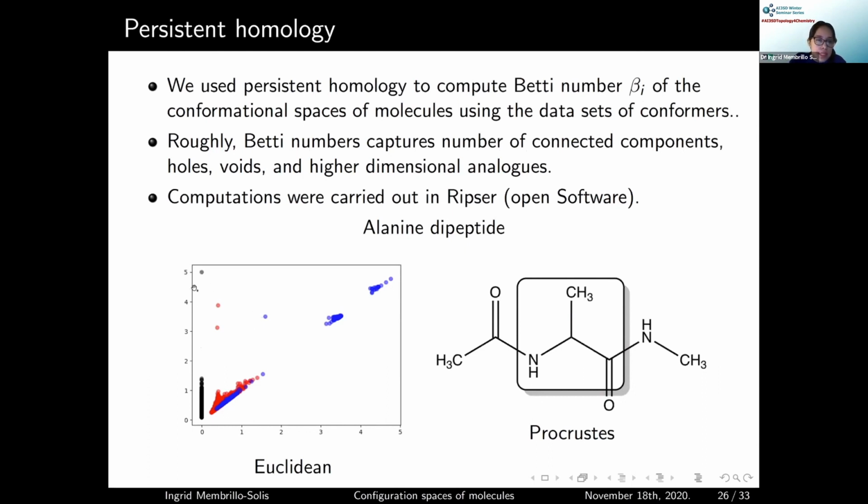And this is precisely what we find in this persistent diagram. The black dots correspond to the connected pieces, the red dots correspond to the holes, and the blue dots correspond to the voids.